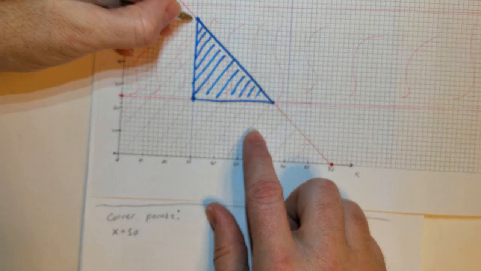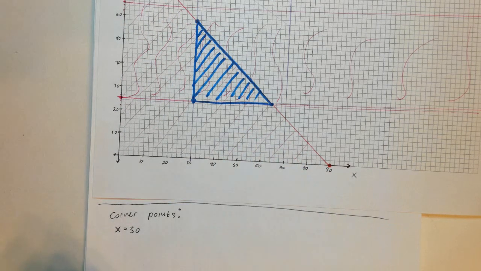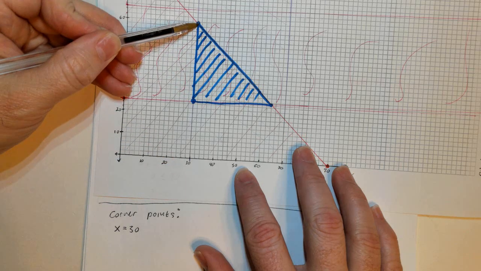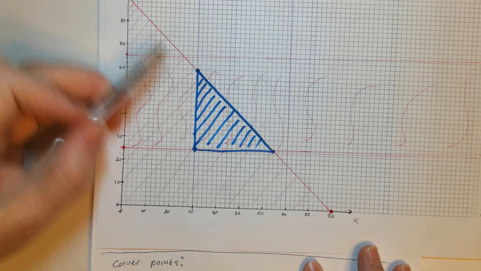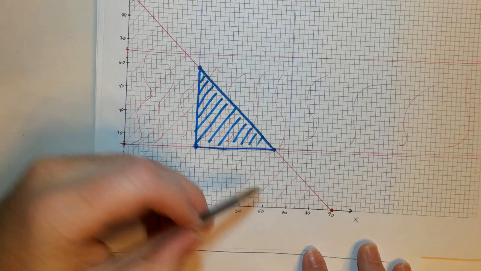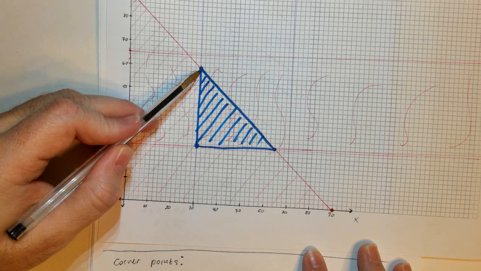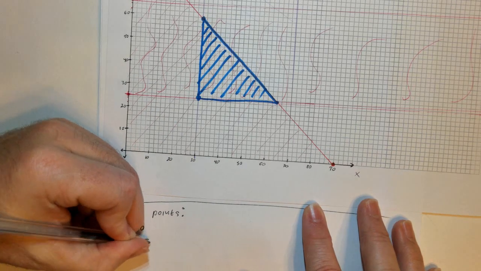So first I'm going to find this point right there. This one is where x equals 30, and it intersects this line, which was x plus y equals 90.